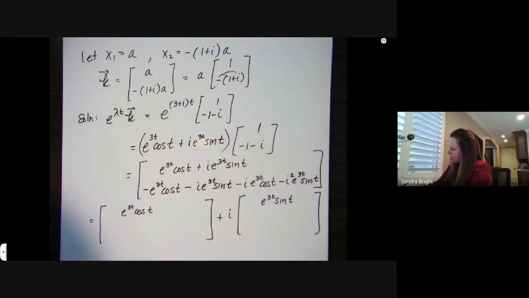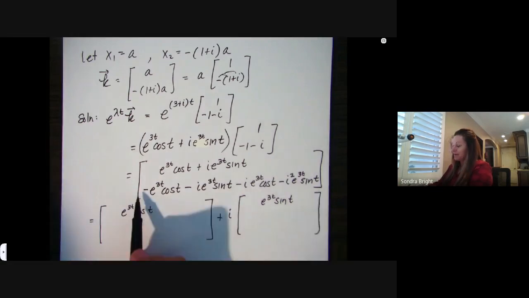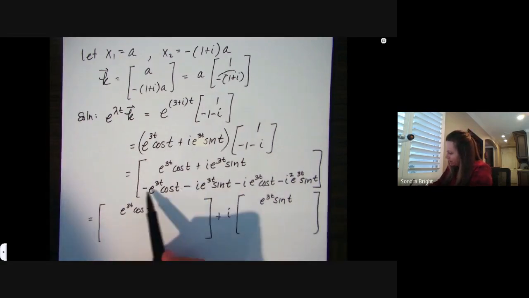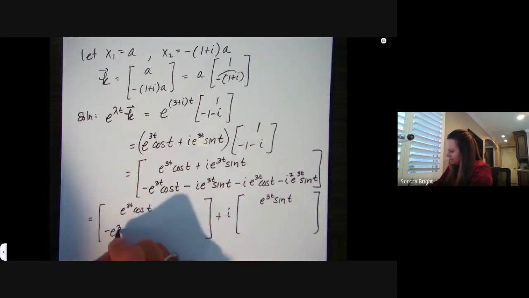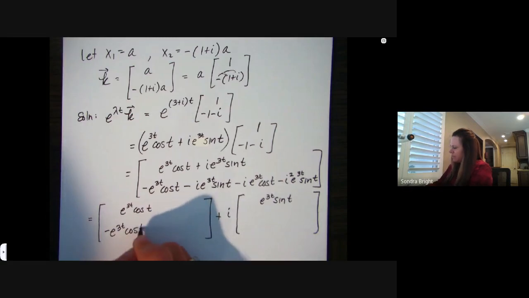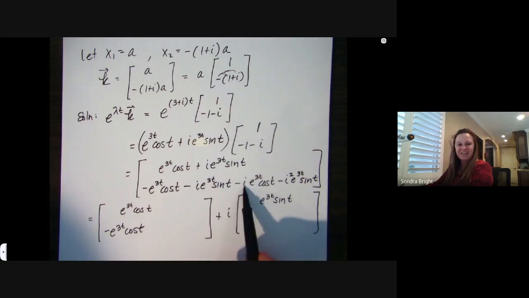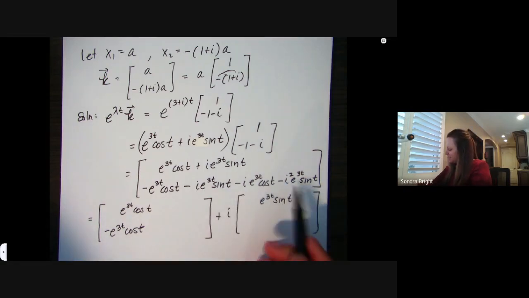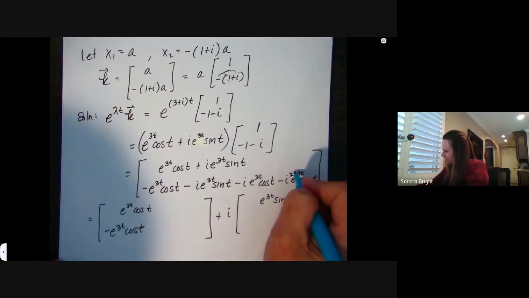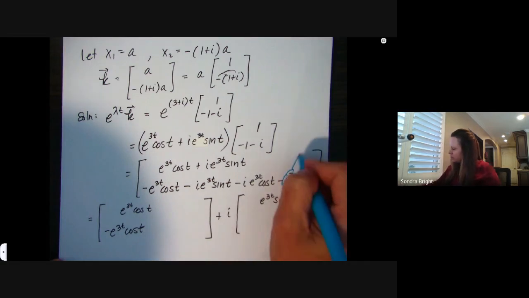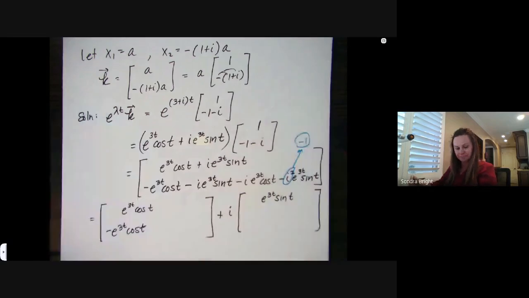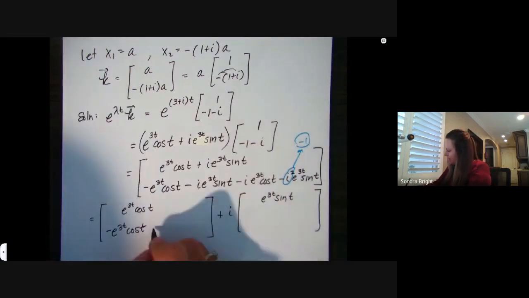Second row, anything without an i in it. So negative e to the 3t cosine of t is real. That one has an i in it, but remember i squared is negative 1, and so you're going minus a negative 1, which means you'll end up adding e to the 3t sine of t.